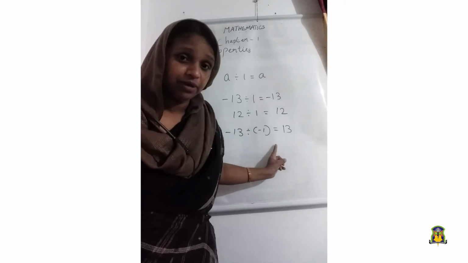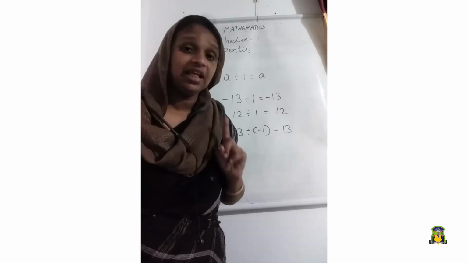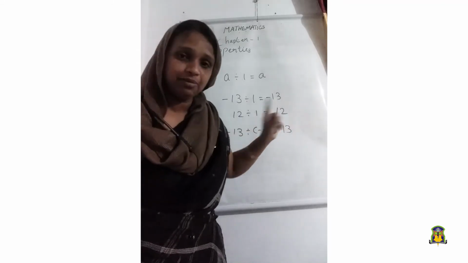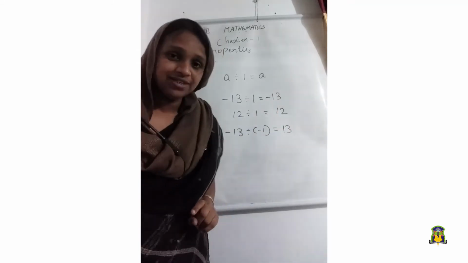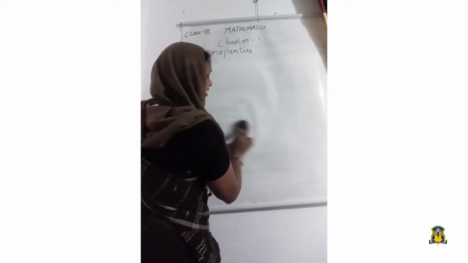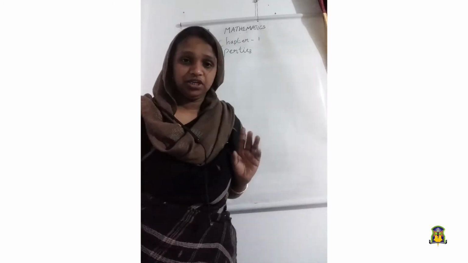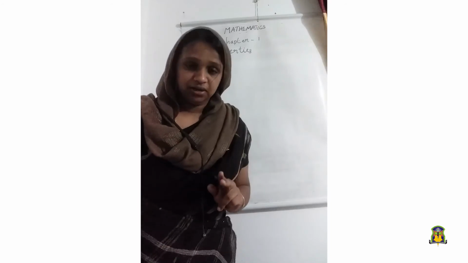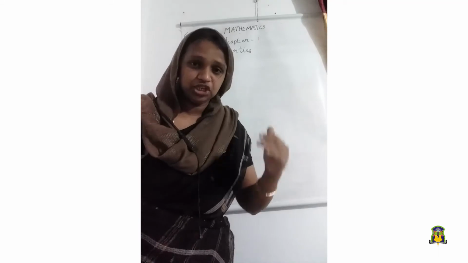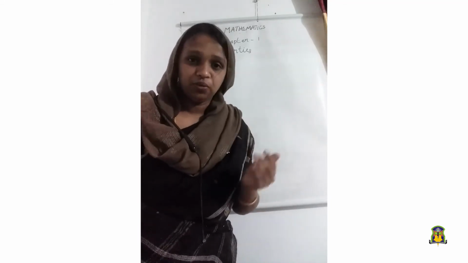Negative 13 divided by negative 1 is 13. Okay students? Yes. So these are the properties of integers: closure property, commutative property, associative property, and what changes when we divide by 0 or by 1.